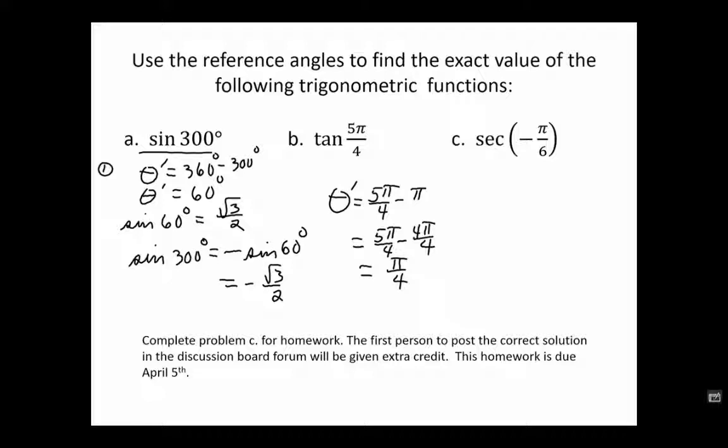All right. So the tangent of 5 pi over 4 is going to be the same as the tangent of pi over 4, the reference angle. The tangent of pi over 4, as you may recall, is 1.